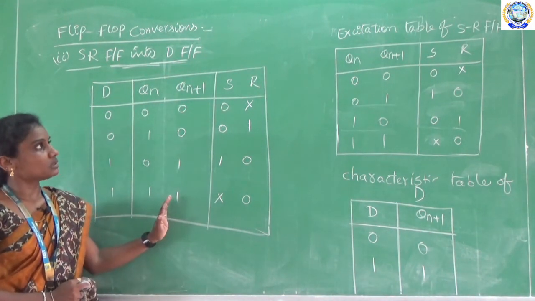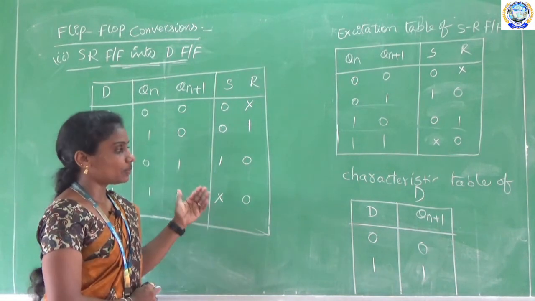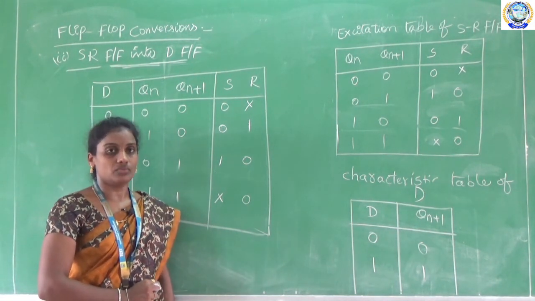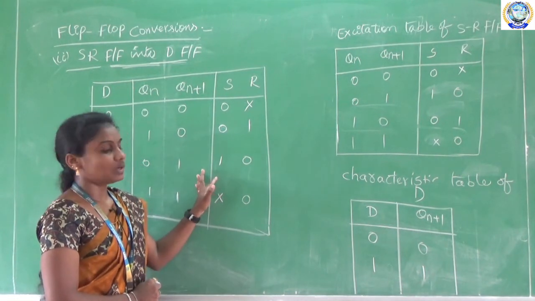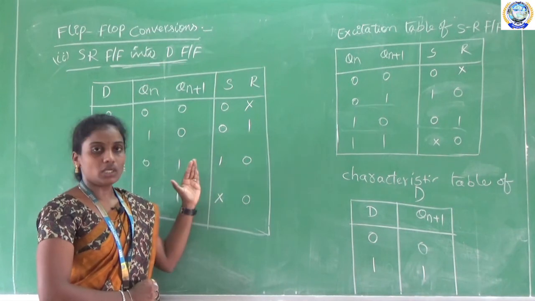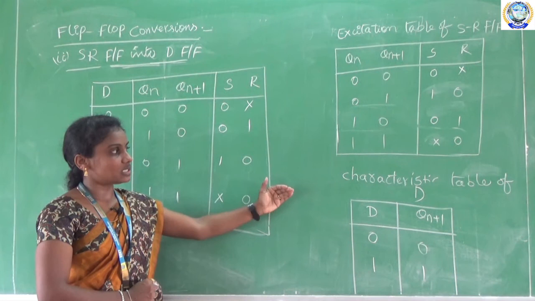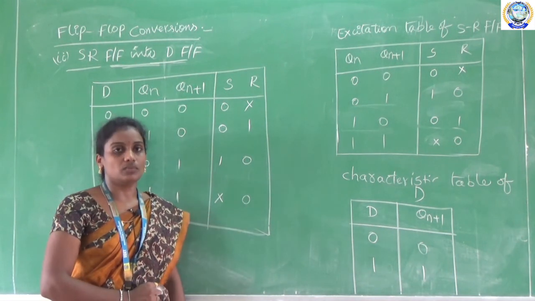So by using the excitation table and characteristic table, we can convert one type of flip-flop into another type of flip-flop. Here we are converting the SR flip-flop into D flip-flop. First we need to consider the excitation table of the SR flip-flop. Next we need to consider the characteristic table of the D flip-flop.